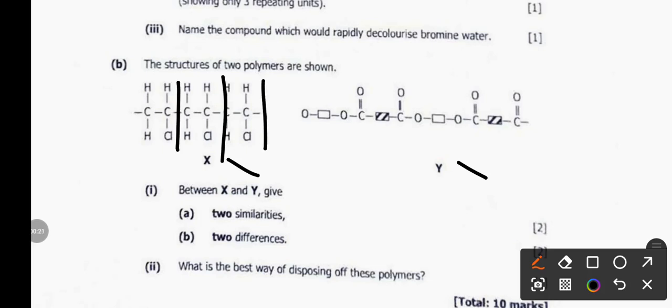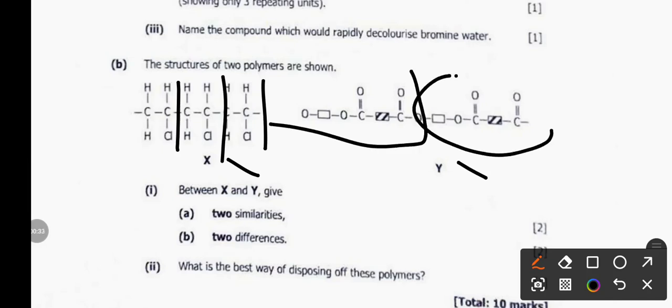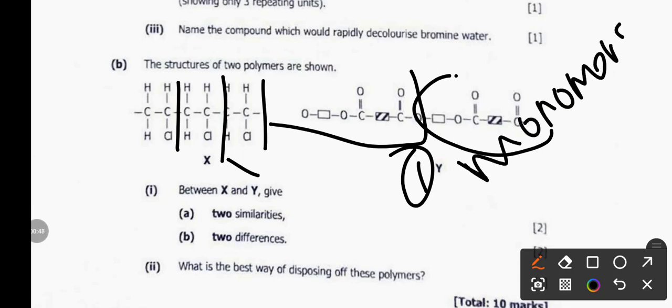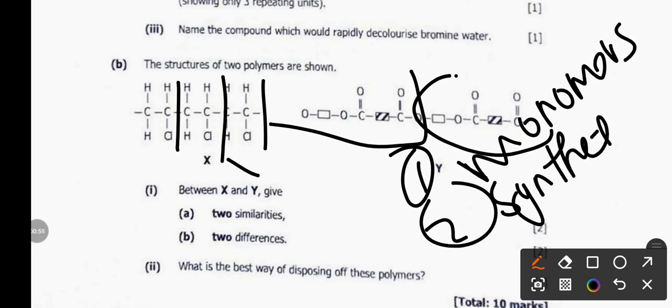We can observe these repeating units. Even here, if I were to separate, I would have this part and that part. So one similarity that we can give is that they are both made from smaller repeating units called monomers. The other similarity is that they are both synthetic polymers, meaning that they are both man-made polymers.